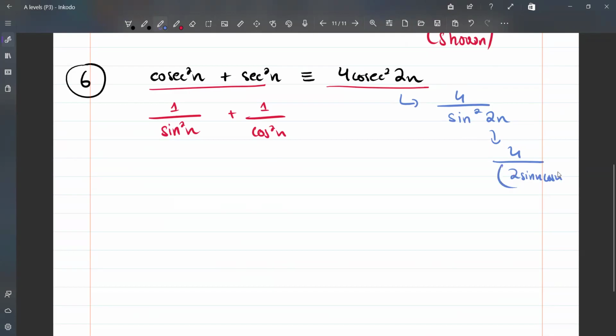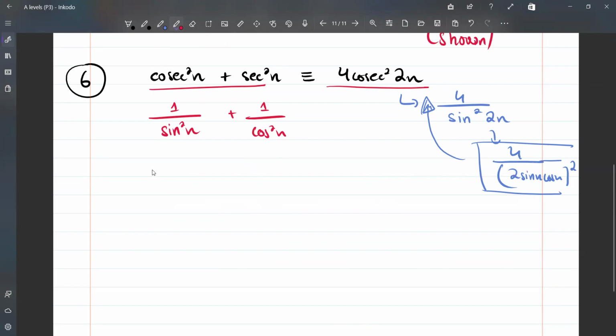So it is (2 sine x cos x) square. All right. So we need to prove this in order to get this. I would always recommend you do a bit of reverse engineering in complex looking questions only. Okay. So yeah, we need to prove this.